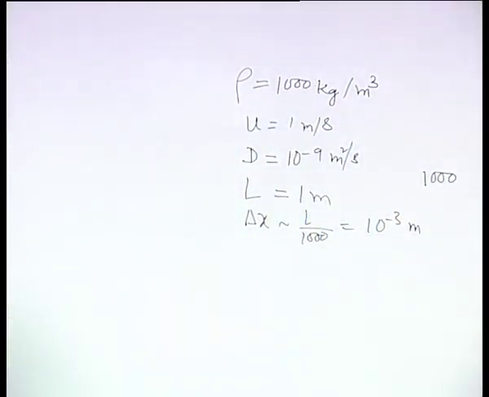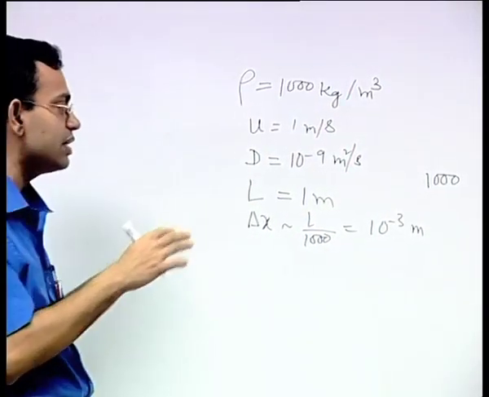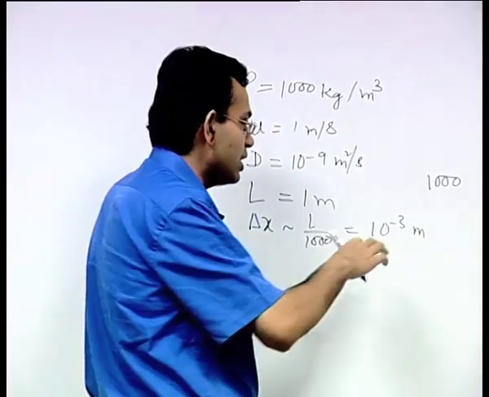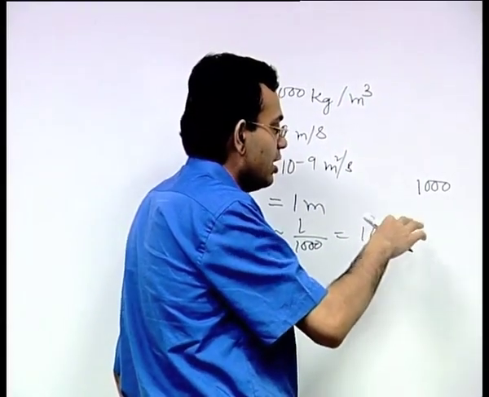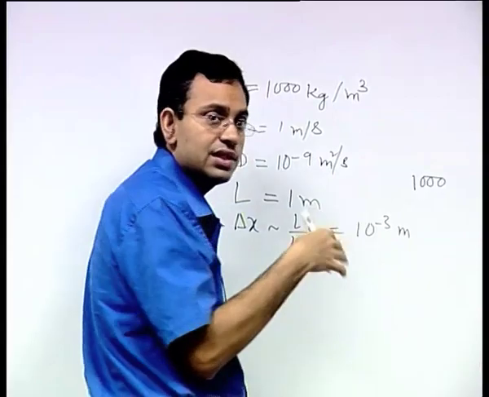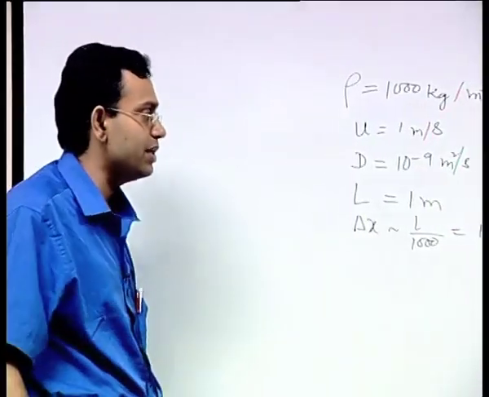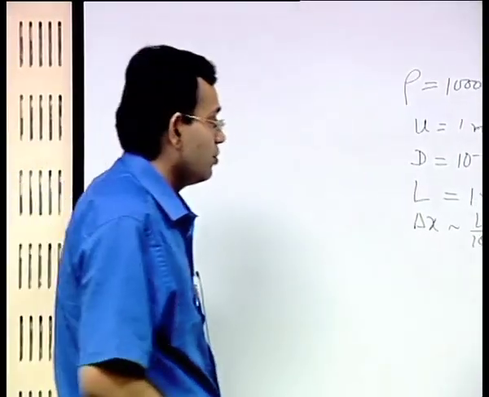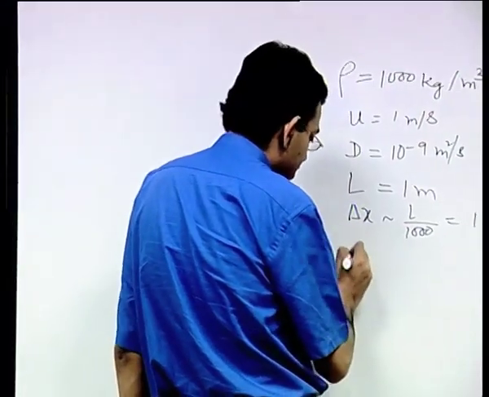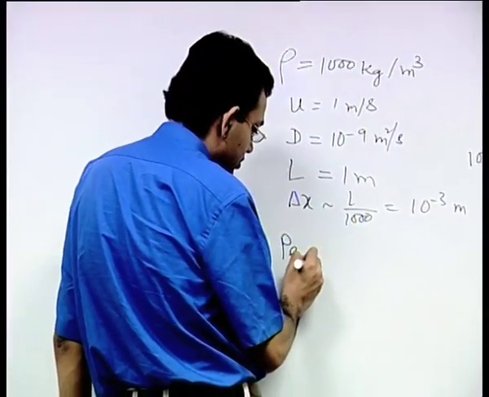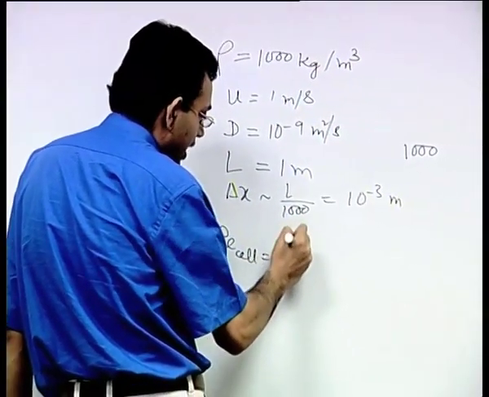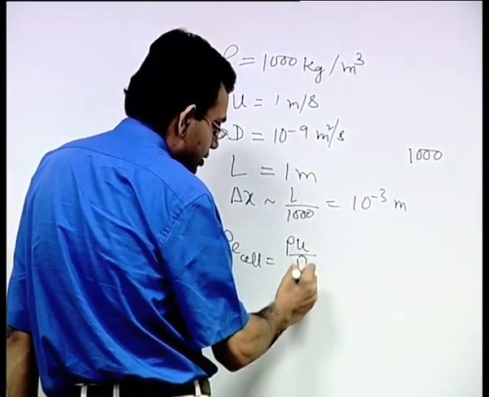It is just an order. Of course, if you have non-uniform grids, the grid spacing may differ significantly from this, but this is just the order of magnitude of the grid spacing. Now what is the Peclet number? Cell based Peclet number is advection strength by diffusion strength.